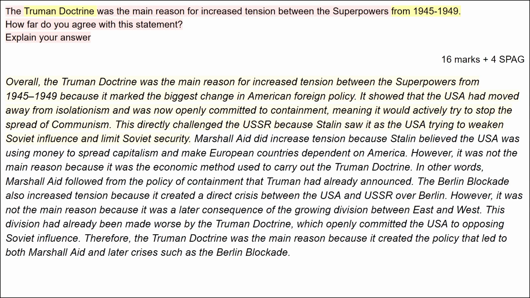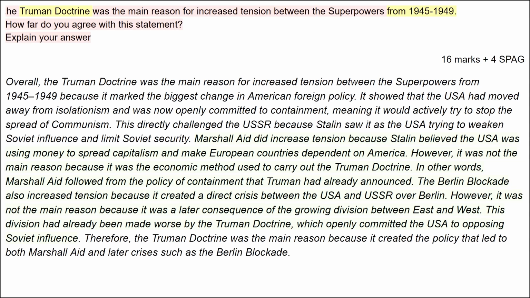To make it a high-level conclusion, I'm now going to acknowledge the other events and why they are not as important, which is what I've done in this answer so far. Marshall aid did increase tension because Stalin believed the USA was using money to spread capitalism and make European countries dependent on America. However, it was not the main reason because it was the economic method used to carry out the Truman Doctrine.